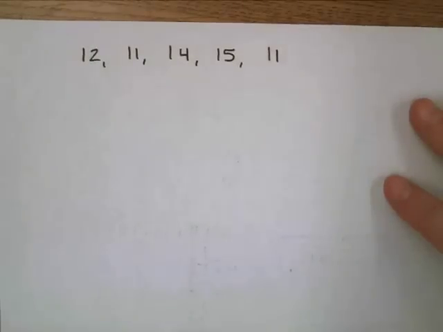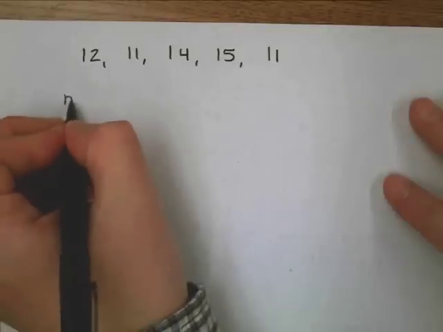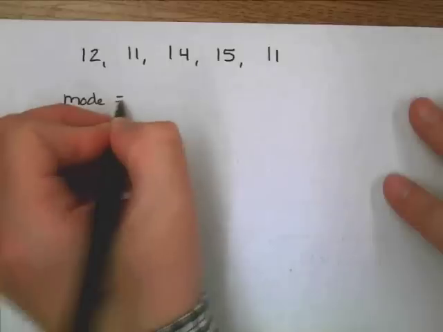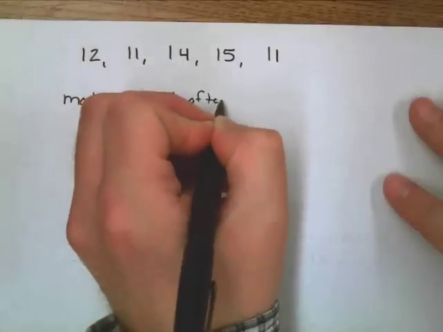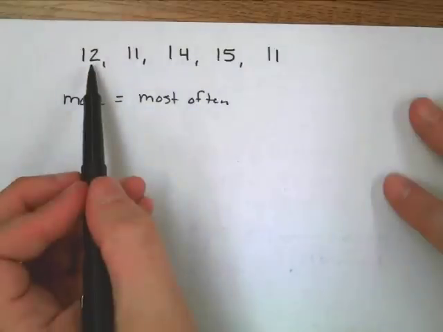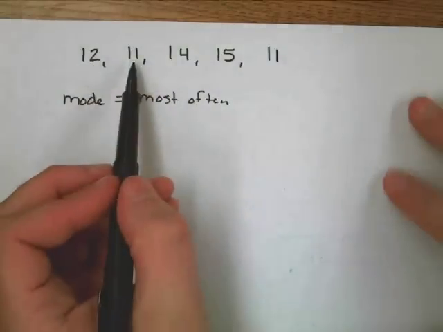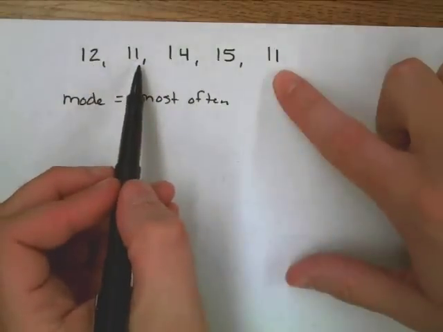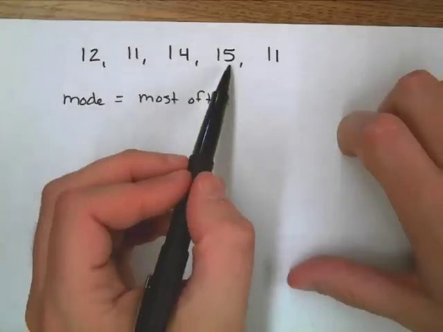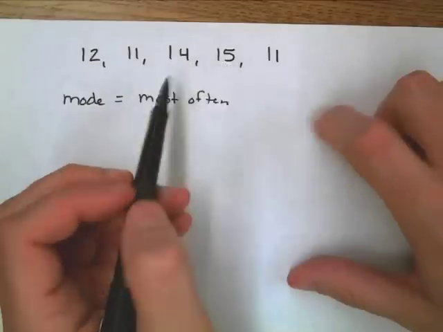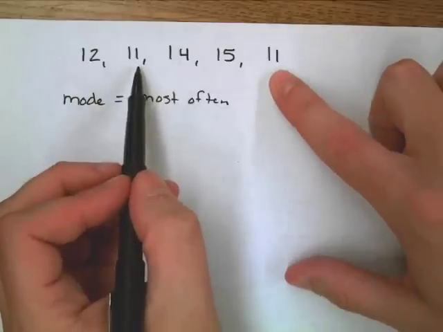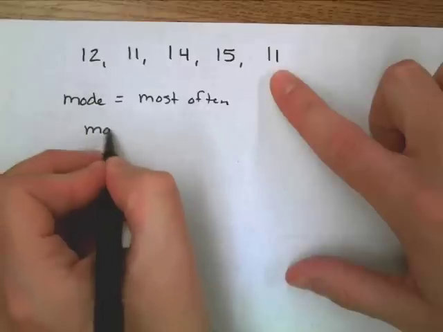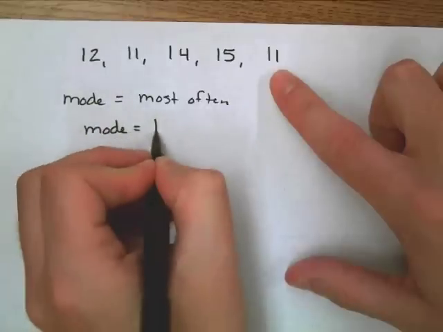So if I want to find my mode in this case, remember that mode is the one that comes up most often. So 12 only shows up one time, 11 shows up twice, 14 shows up once, and 15 shows up once. Well, if we want the data point that shows up the most often, that's 11. It shows up 2 times. So in this case, our mode would be 11.